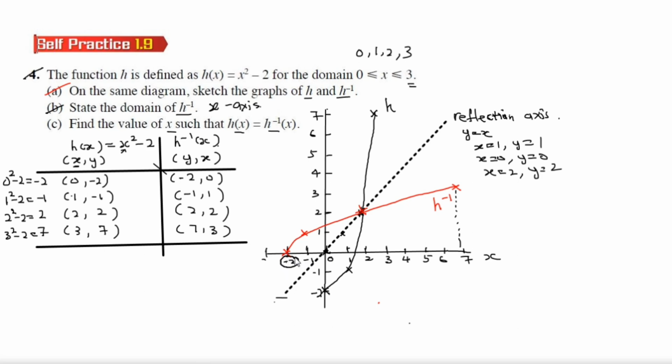On the x-axis, the minimum is negative 2, the maximum is 7. So we say the domain of H inverse x is from negative 2, domain is x, referring to the x-axis, until 7. That's how we write the domain.